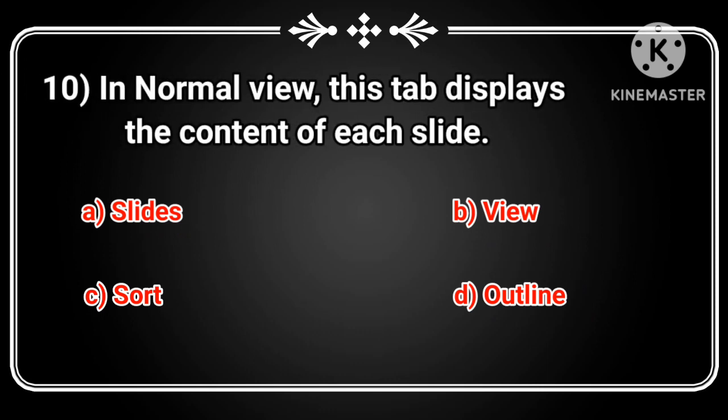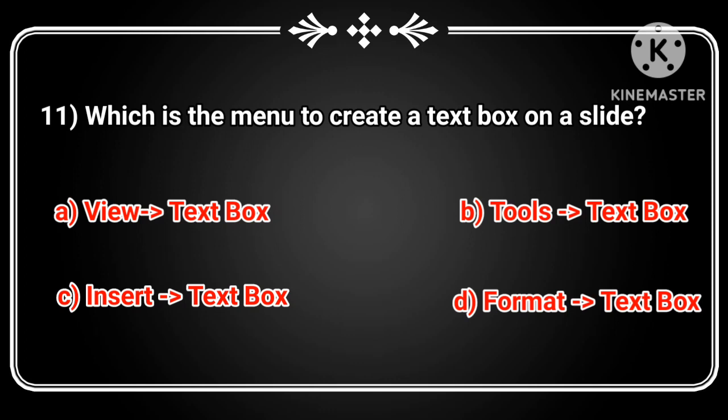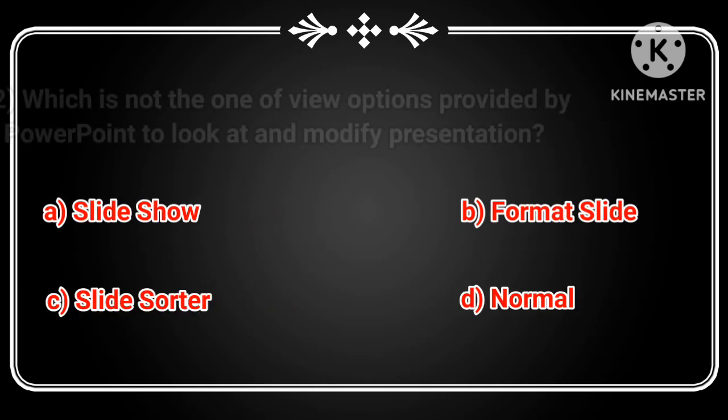In normal view, this tab displays the content of each slide: Outline. Which is the menu to create a text box on a slide? Insert, then text box.